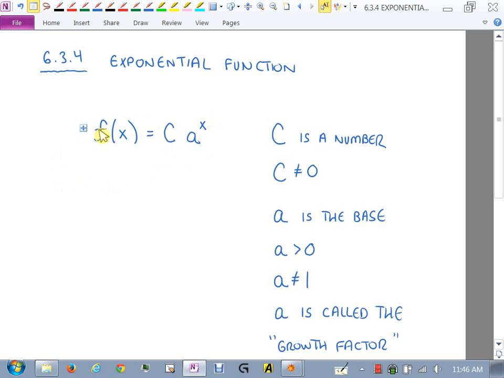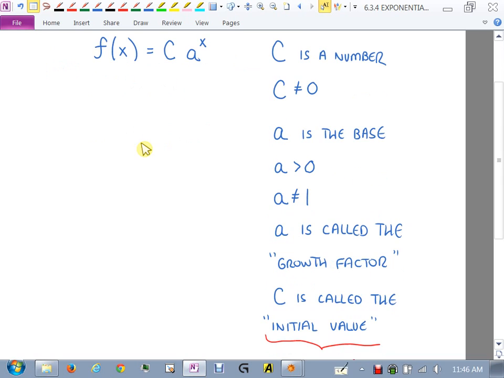Okay, so all exponential functions look like this. Now, a couple of other things. How do you say this? This right here is the base a exponential function. You can also say the exponential function with base a. Questions?